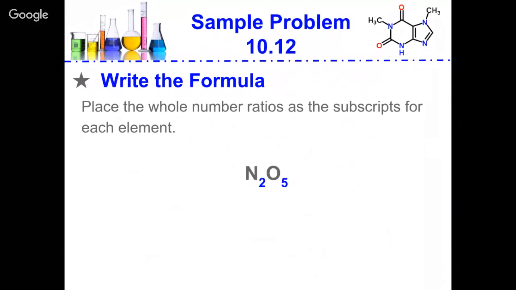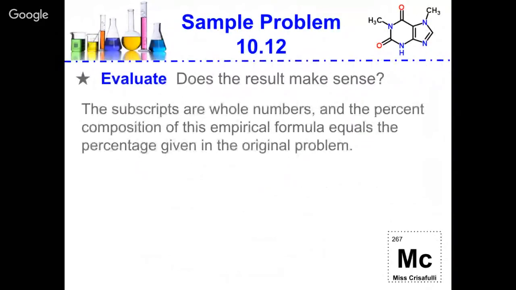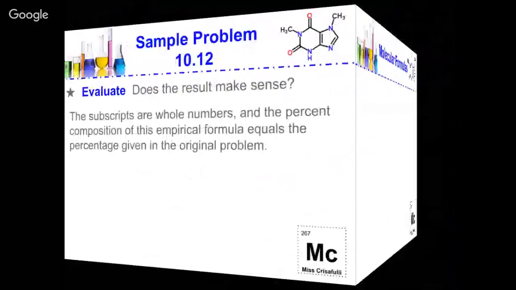If you skip a step or if you round prematurely, you will get the wrong answer. So, does it make sense? Well, it does make sense, this answer N2O5, because the subscripts are whole numbers and the percent composition of this empirical formula equals the percentage given in the original problem.